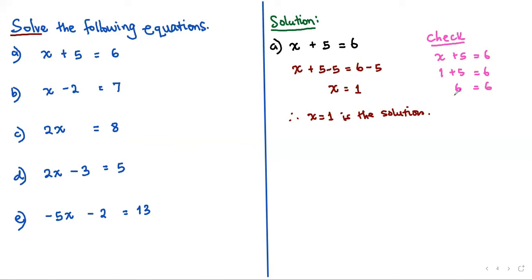You see, the left-hand side is equal to the right-hand side, so our answer is correct. So what property have you used here when you have subtracted 5 from both sides? That is the subtraction property.